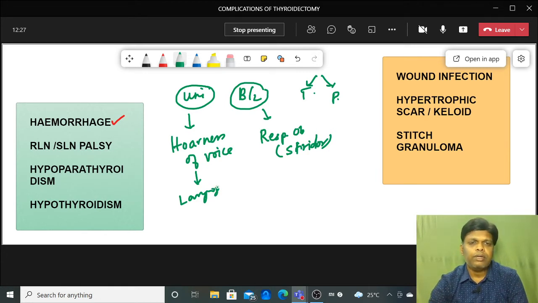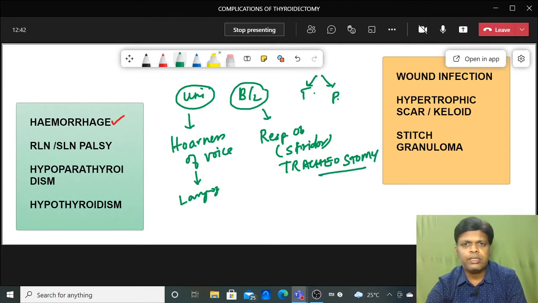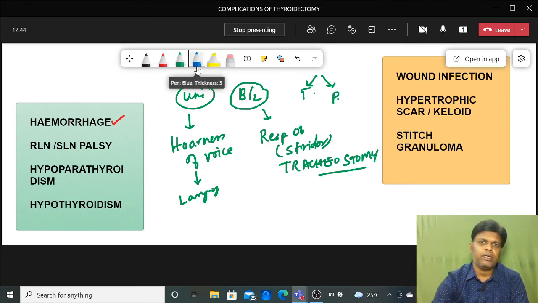Bilateral, what will you do? Immediately you have to do a tracheostomy to relieve the obstruction. Among definitive procedures there is medialization of the cord.